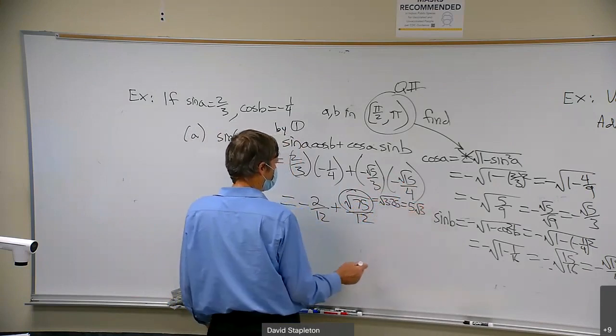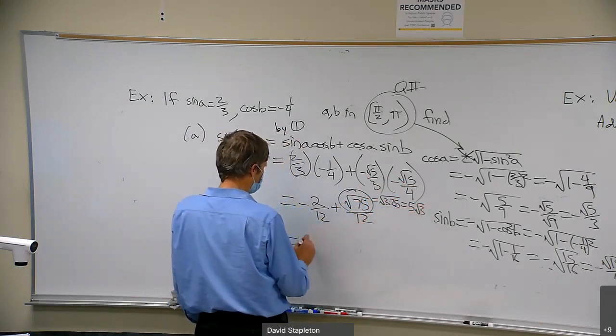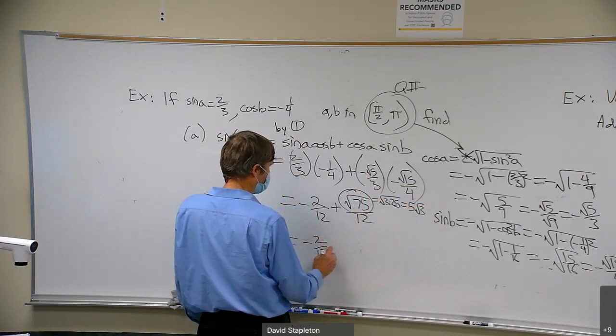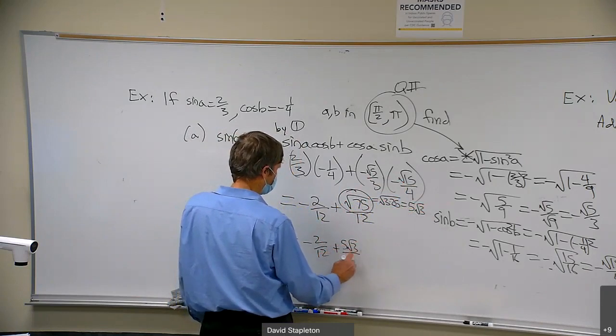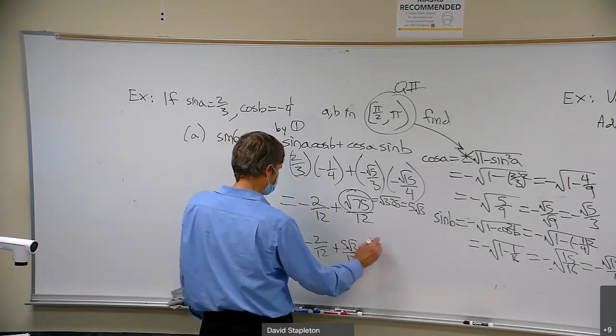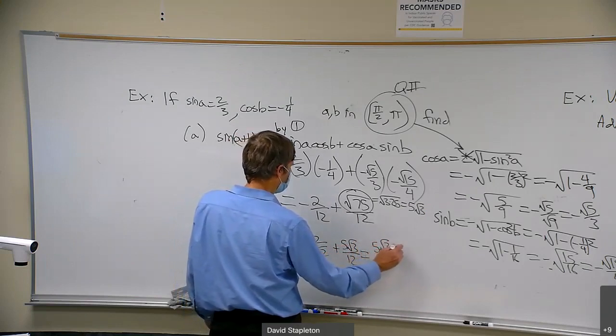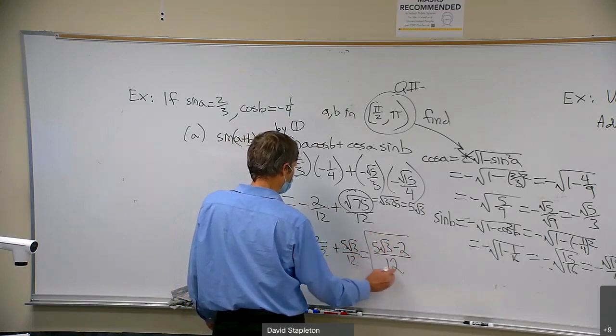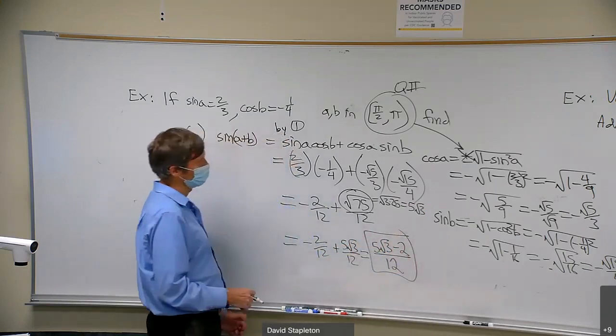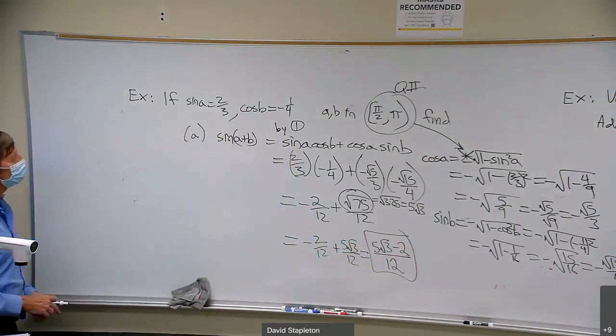All right, so this will be minus 2 over 12 plus 5 square root 3 over 12, which makes 5 square root 3 minus 2 over 12. Kind of a tricky problem, yeah.